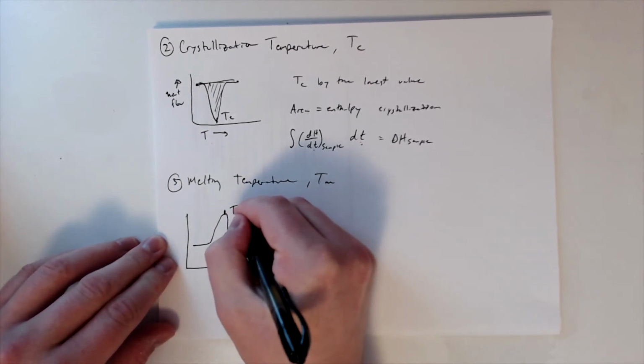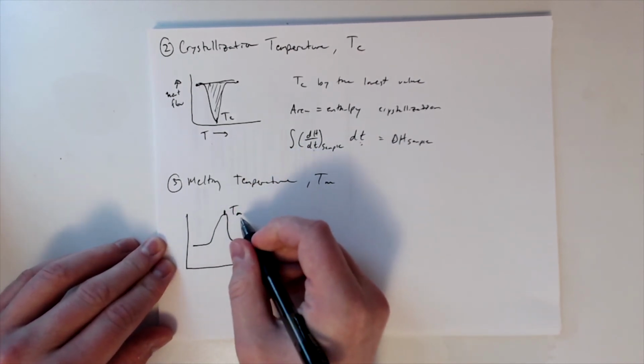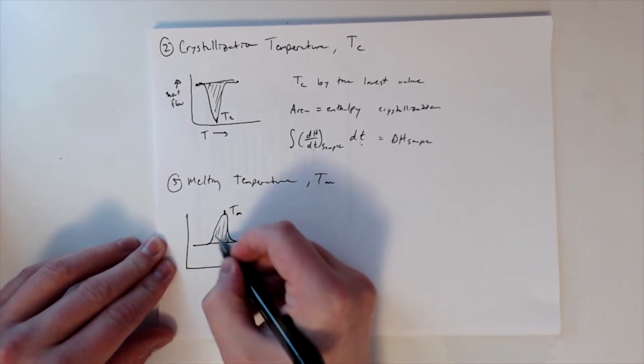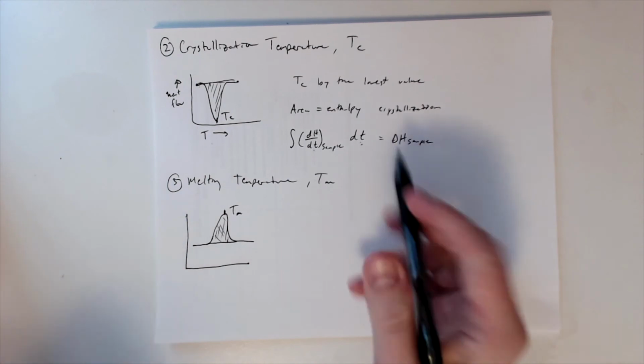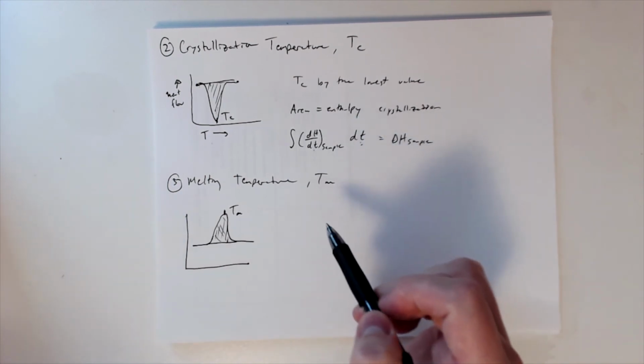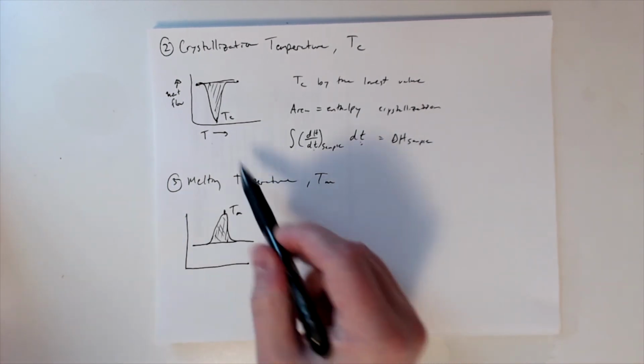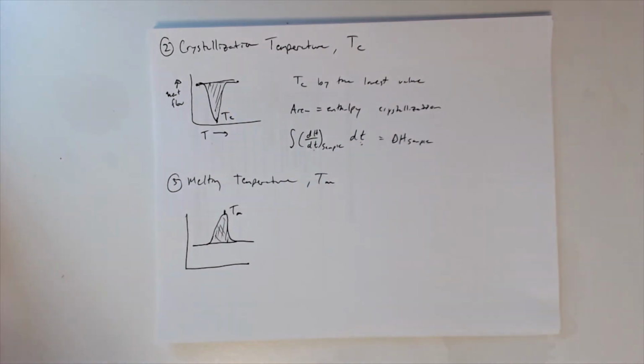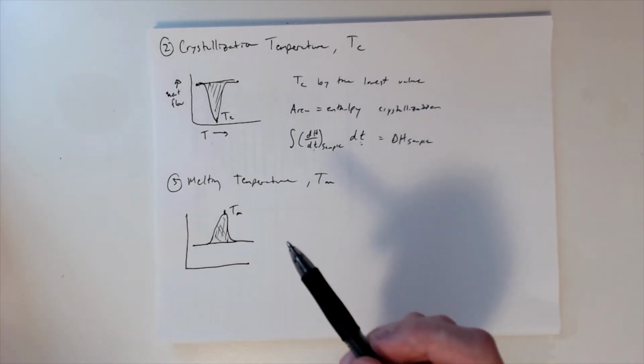So the peak in this case would be the melting temperature. And then if we fit a background linearly and look at the area, that's the same thing, the enthalpy of melting in this case. So the only difference between these two is the fact that this one's positive and this one is negative. Nothing else is different. So it basically gives us the sign of the enthalpy.